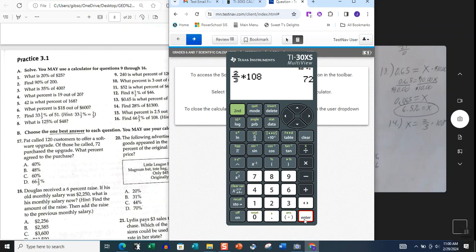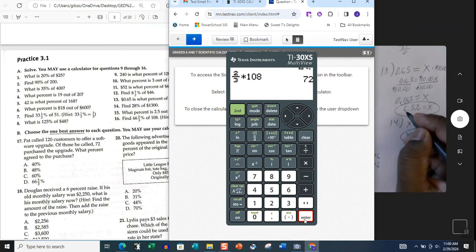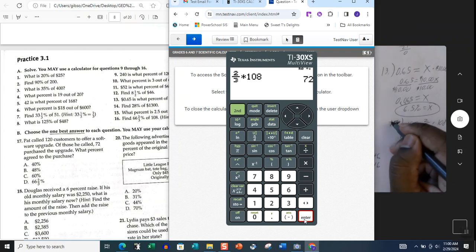And that gives us 72. So x is 72. Oh, this is problem 16. I don't know why I wrote 14, but this is 16.